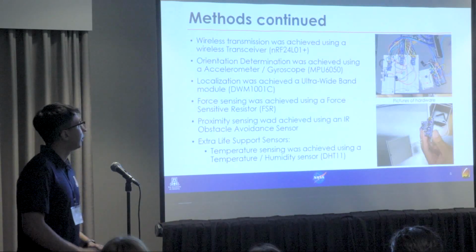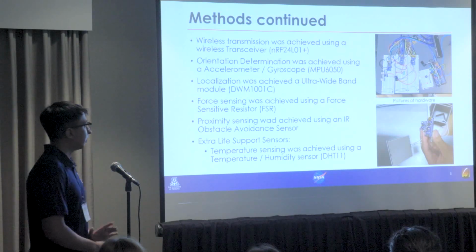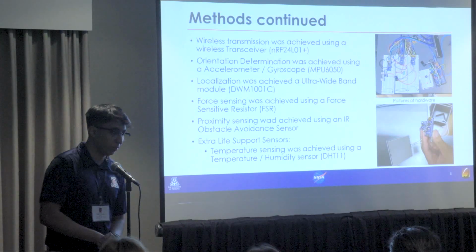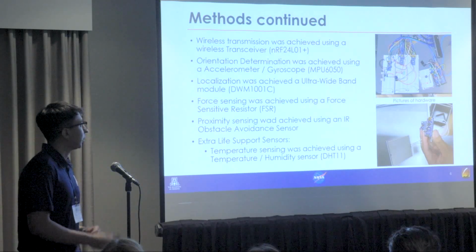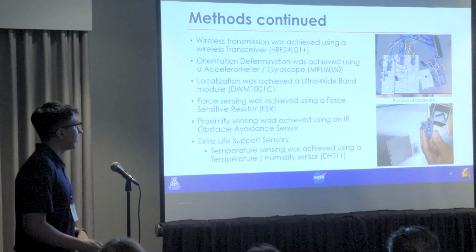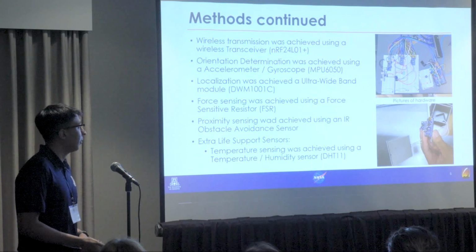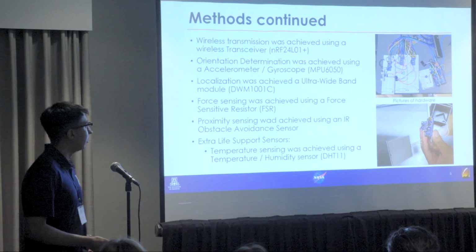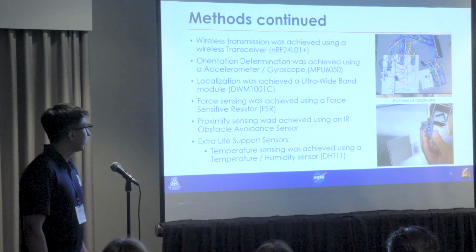The wireless transmission was achieved using a wireless transceiver, more specifically an NRF24L01+. The orientation was determined with an MPU 6050, which is an accelerometer and a gyroscope. Localization was achieved using an ultra-wideband module, a DWM-1001C, which gives us centimeter-level accuracy.